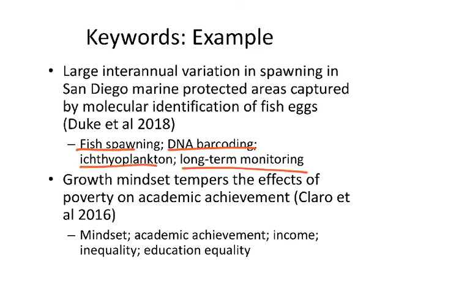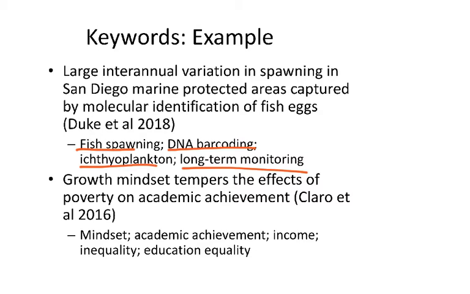Another example from a paper by Claro et al. 2016, where they were looking at growth mindset. And I think we've talked about this before, but growth mindset is this idea that no one's intelligence is fixed. So what that means is if you work really hard and practice, you can increase your learning, which is true for everyone.